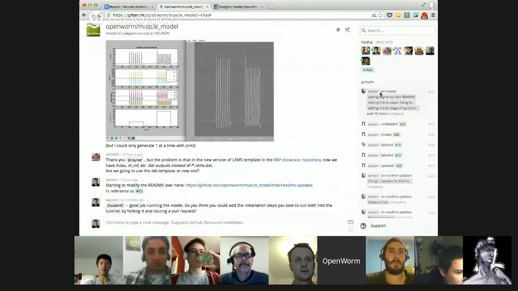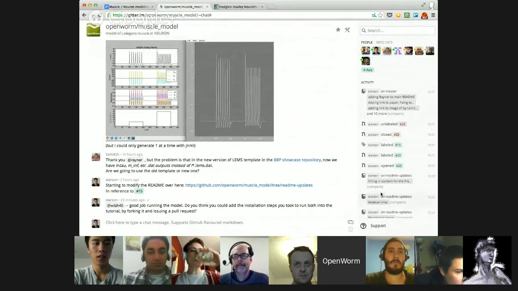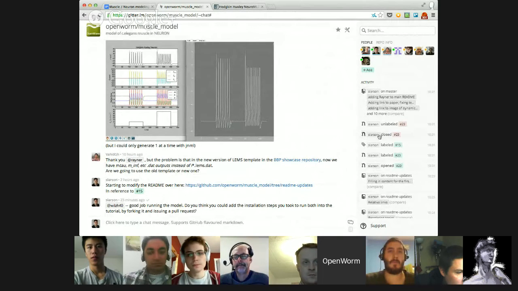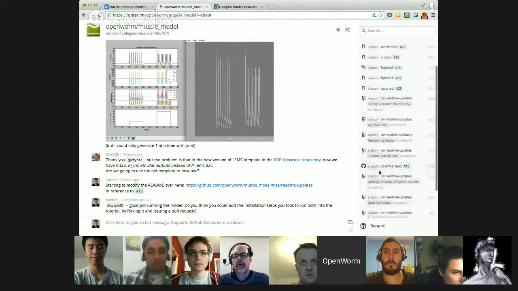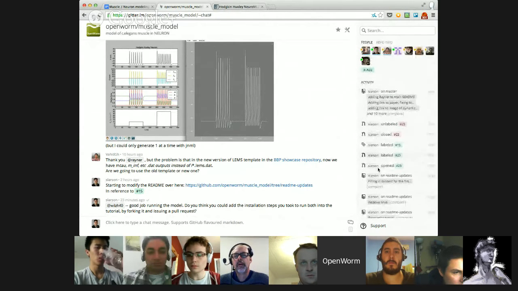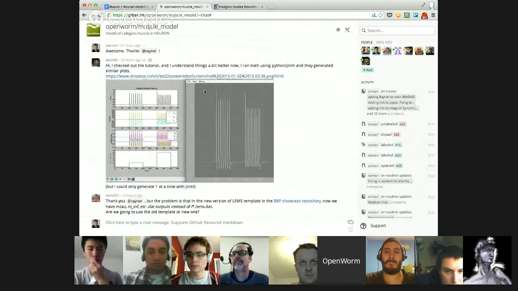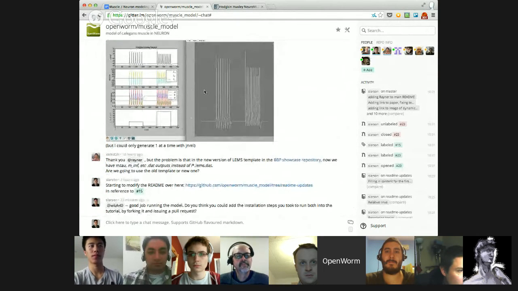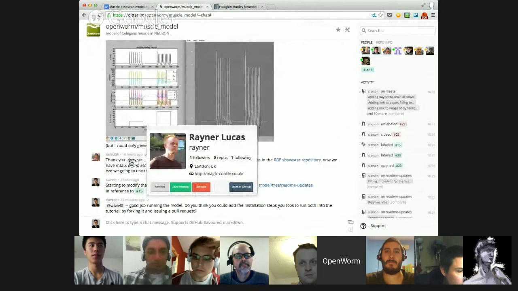There's an integration with the activity on the repo along the right-hand side. I've been making some edits to this here in the last few hours, so it's a nice way to catch up on the latest that's going on. Plus you can put in images like Wilson's done here. You can do @mentions on people's GitHub IDs, and then also roll over and get people's information.